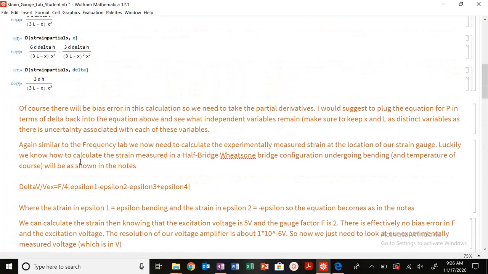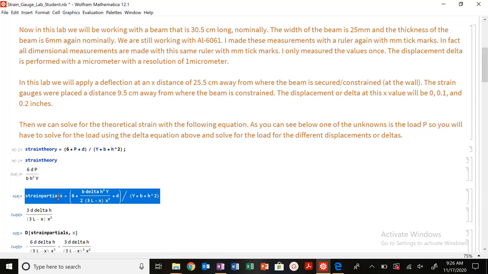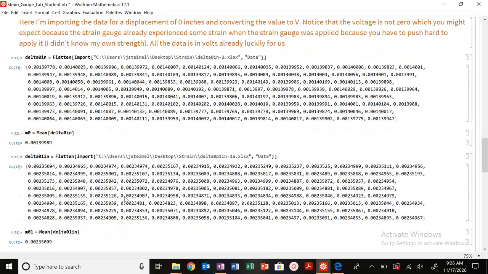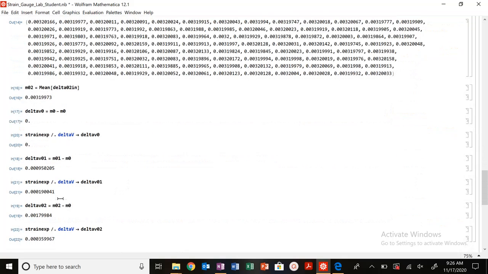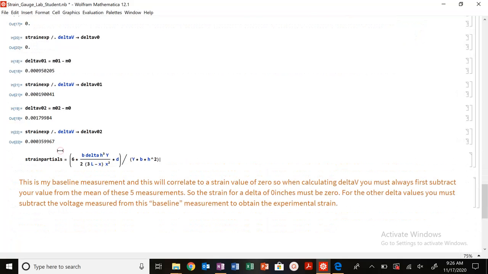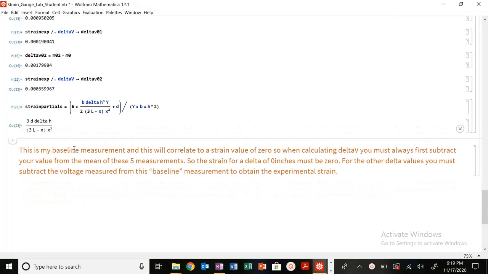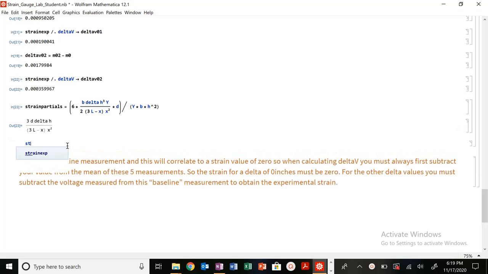Those are your values. Now we can also get the experimental values here. So let's go ahead and pull this equation down, and let's plug and chug into here. Let's try to plug in for some values. So since we have strain for delta V naught 2, I'm going to substitute in. We know that D is equal to 25.5 minus 9.5 times 10 to the minus 2.